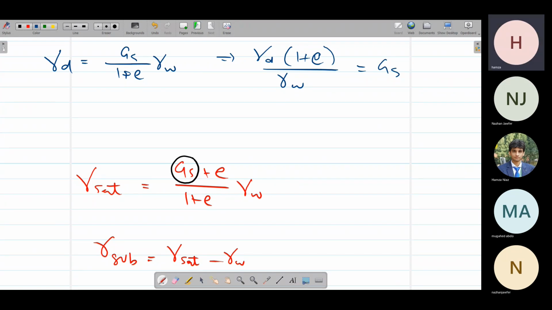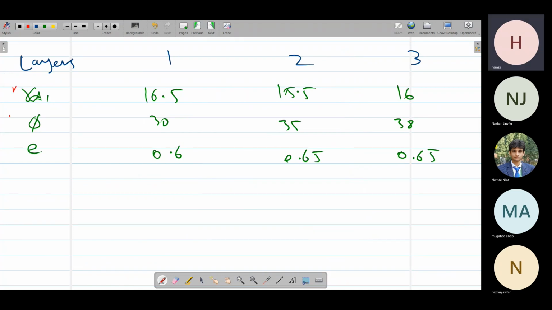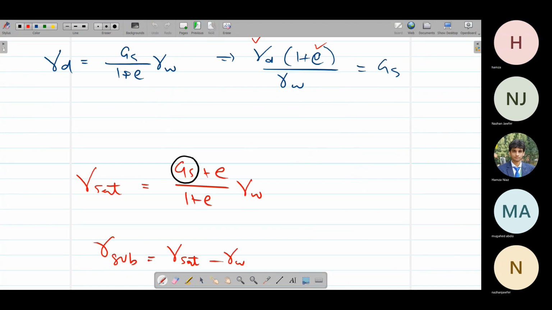So if we plug in the gamma d, we know this value. If we plug in e, we know this value for each layer. Gamma d, e or phi are known, and gamma w is 9.81 in kilonewtons. So we'll get the Gs value.